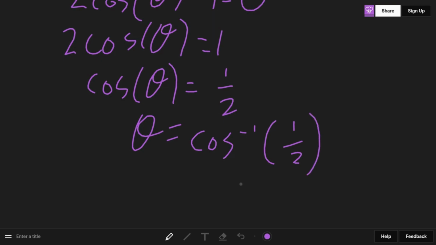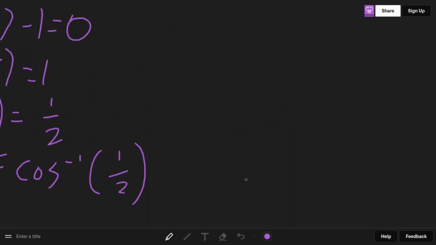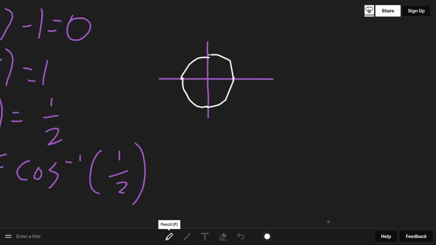I want to find when cosine of theta is 1/2. So again, if I were to make a quick sketch, it's not a great sketch, but it gives us a rough estimate.